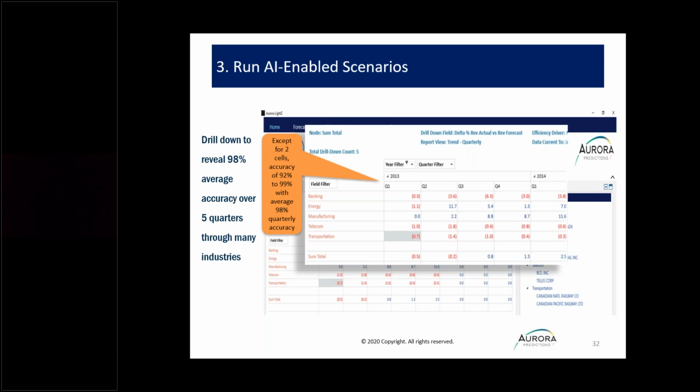So my point here is that AI-enabled forecasting, like the type we do in Aurora Lights, can be very, very accurate across a great many businesses. And this is important as we start our next scenario.